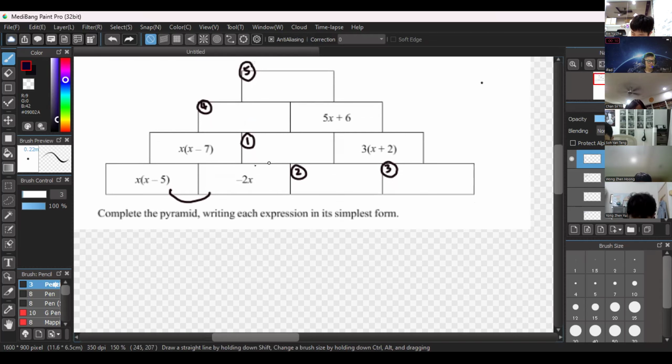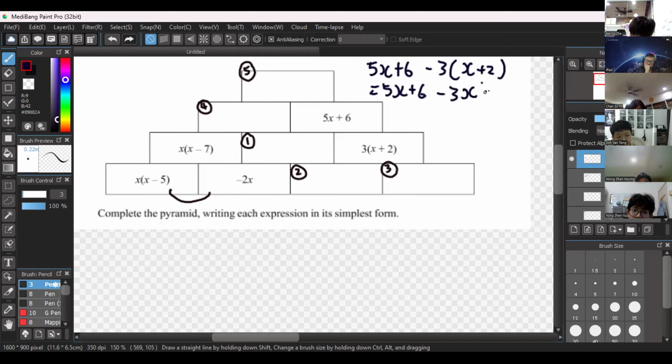Okay, so we can start with number one here. Number one will equal 5x plus 6 minus 3x plus 2, since it's below it. So it will equal 5x plus 6 minus 3x minus 6, which equals 2x, since plus 6 minus 6 equals 0, and 5x minus 3x equals 2x.